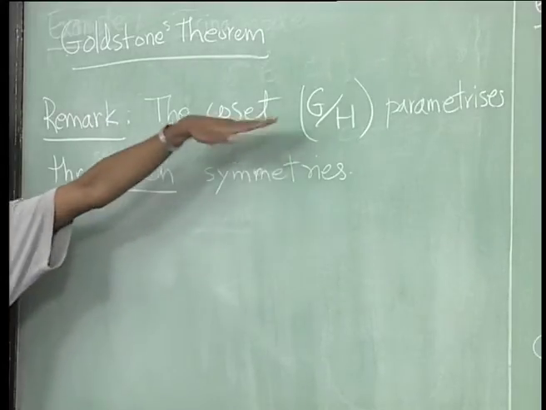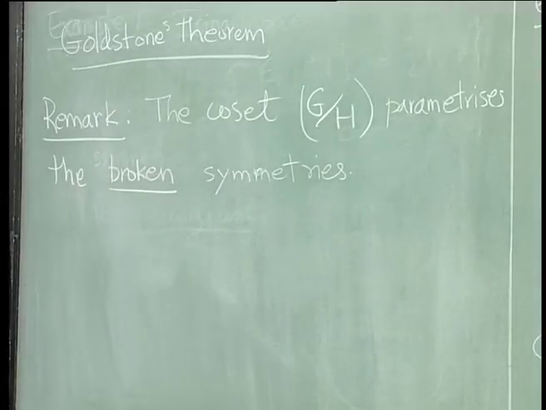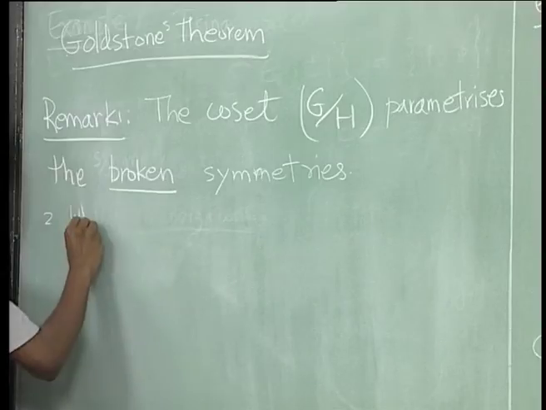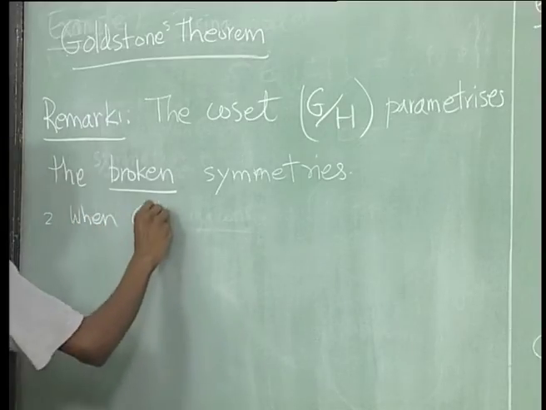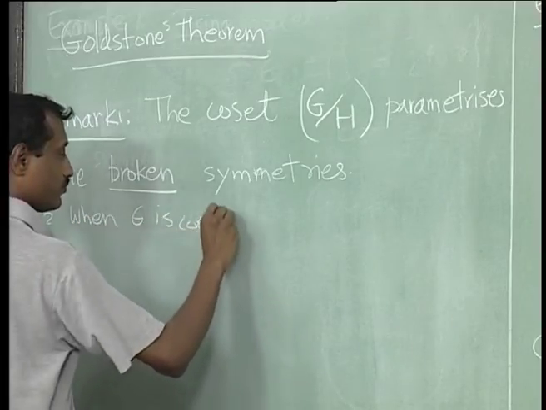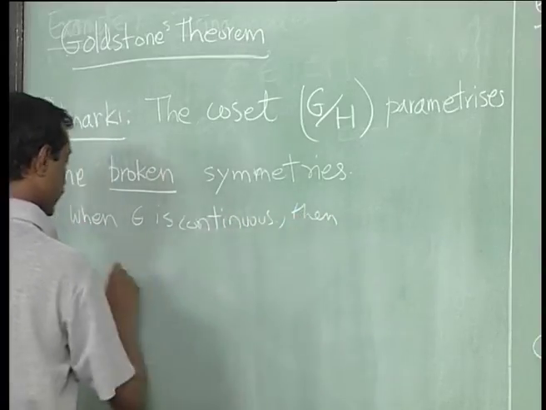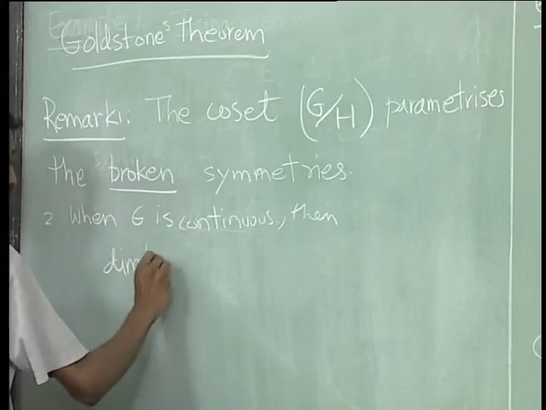This is true whether G is continuous or not. But I need one more small remark, remark 2, which is when G is continuous. Then I will define something called the dimension of the coset.